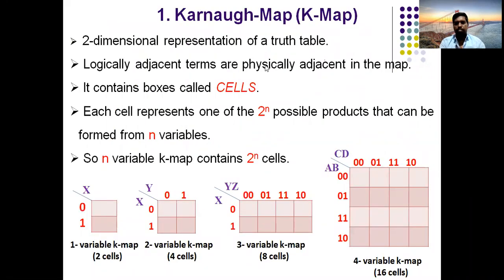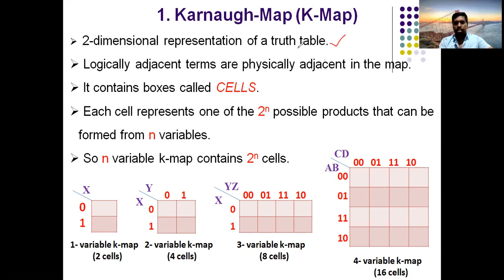This is the main introduction and the starting of the K-map. So follow this carefully. Generally the K-map is a two-dimensional representation of a truth table. So what is a truth table?